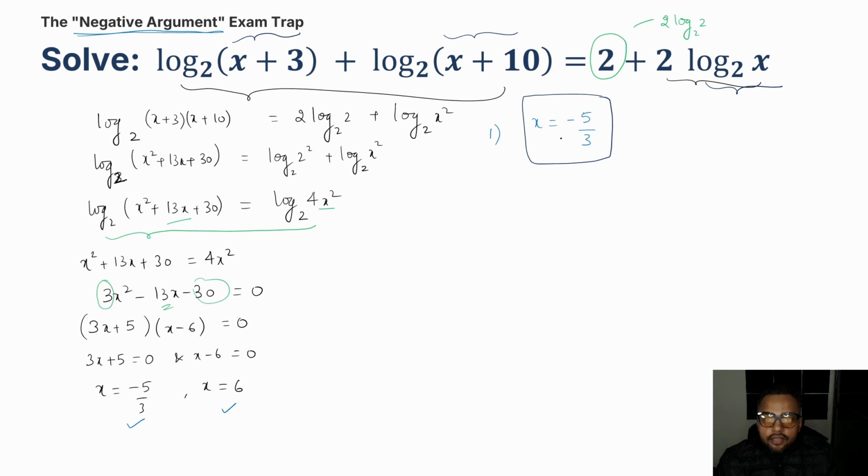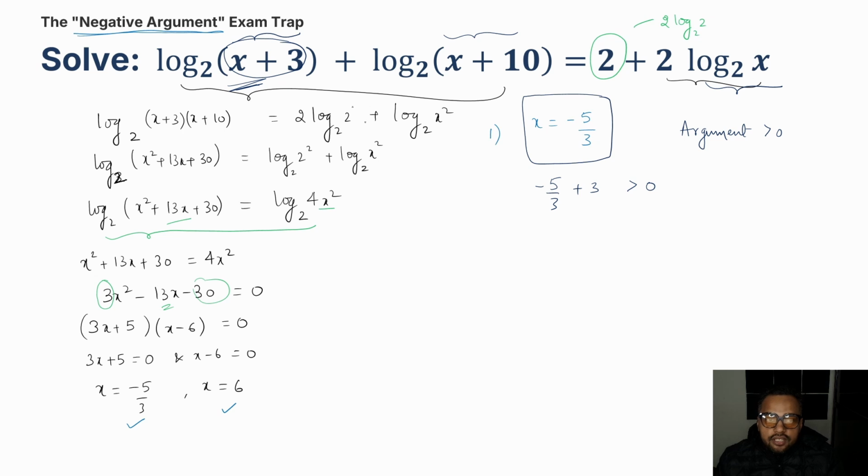So if I substitute x equals negative 5 by 3 in the argument of this first log, we'll see that negative 5 by 3 plus 3 will be greater than 0, meaning the argument should be positive. We know this part, that the argument of a log should be positive.